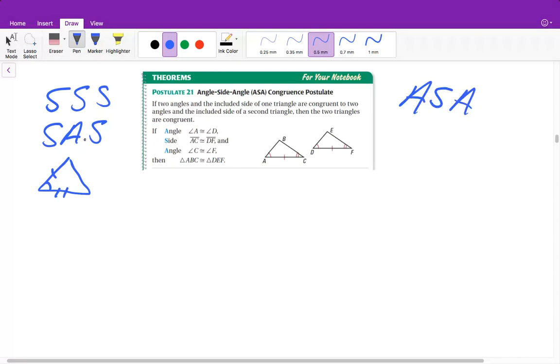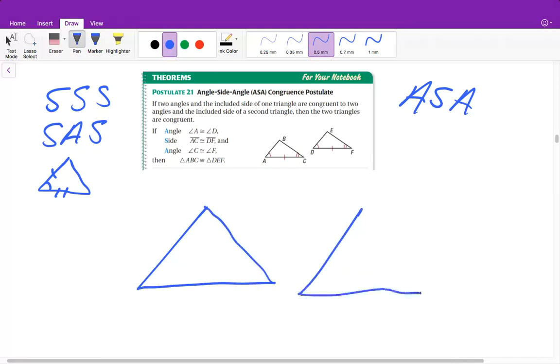So just like we had to do with the side, angle, side, in this case, when we have 2 triangles, if we have two angles that are congruent, so let's just say this angle is congruent to this angle, and this angle is congruent to this angle, in order for us to use angle side angle, the side that's congruent must be the side that is between the two congruent angles. So this side must be congruent to this side, or else we cannot use this postulate. All right, so angle side angle, the side in between the two angles must be the one that is congruent.